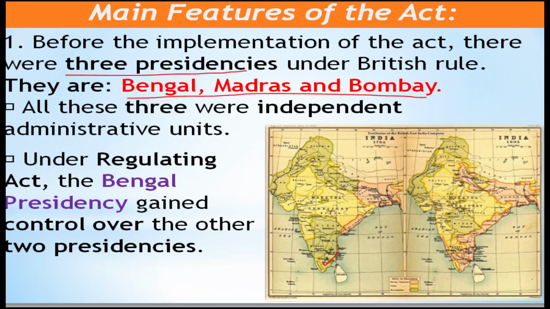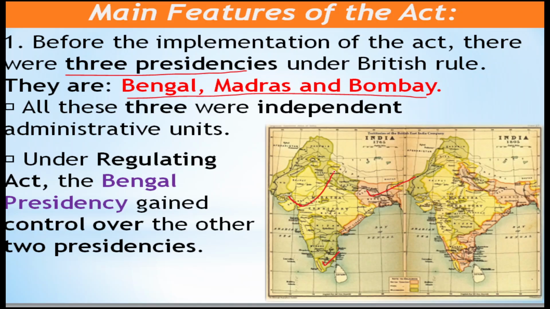Bengal, Madras and Bombay. These are the three presidencies of the British, and all these three were independent administrative units before the Regulating Act.